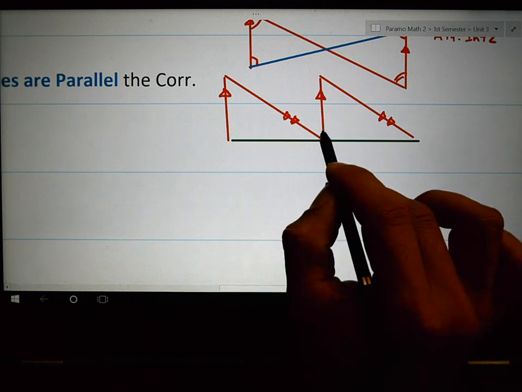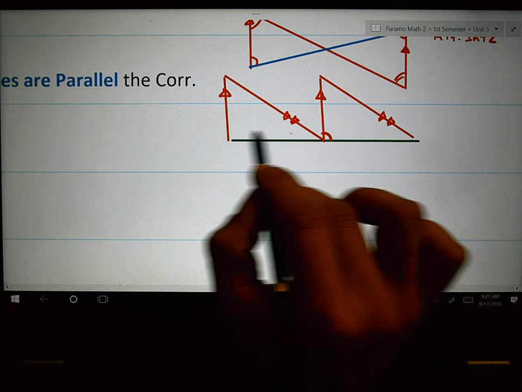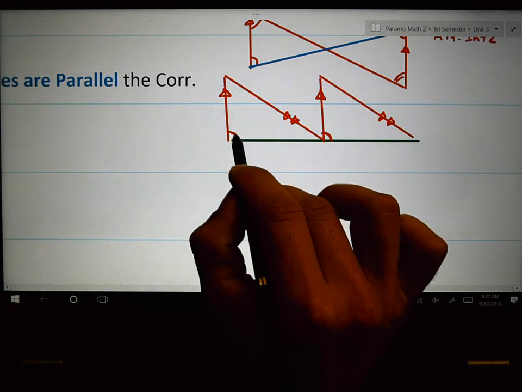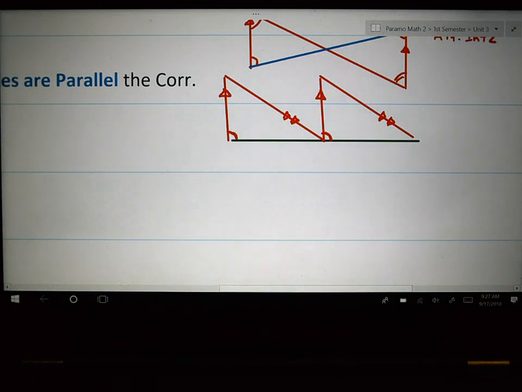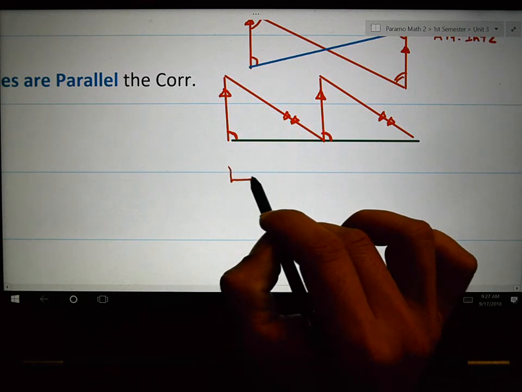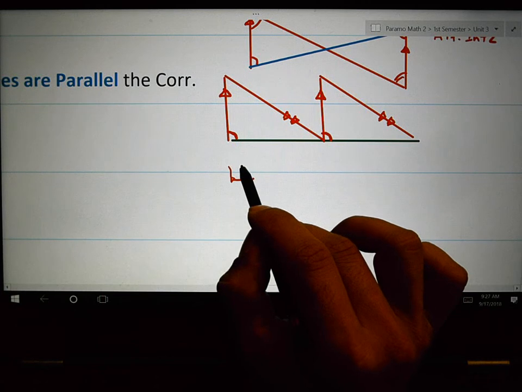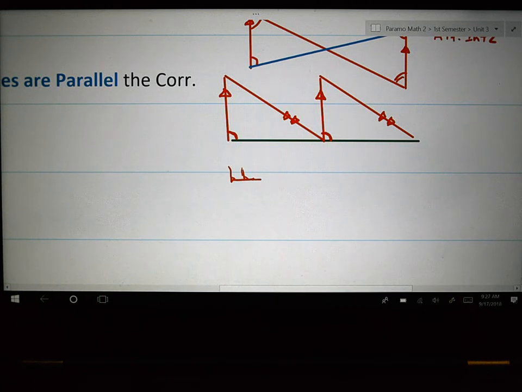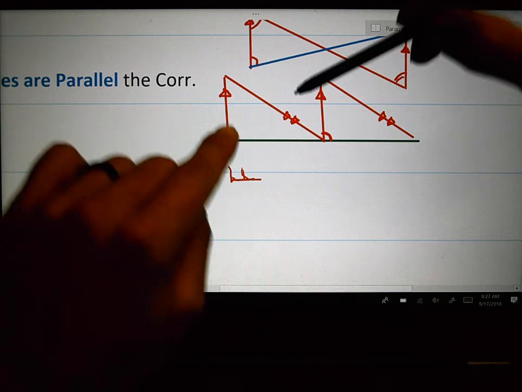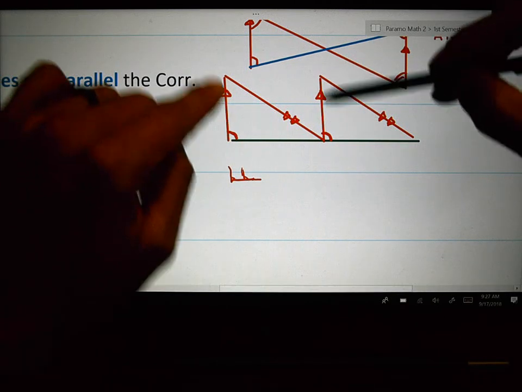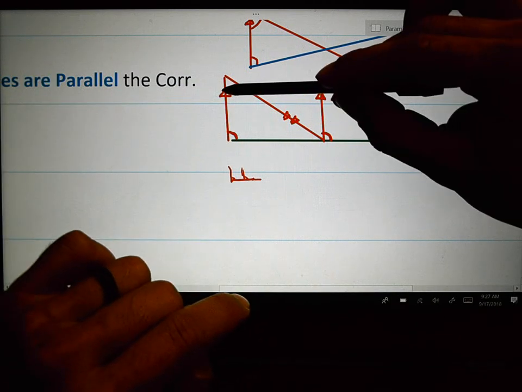They are the ones on the inside of the F. This single arc would be congruent to this single arc. Those are corresponding angles. When I say the F, I'm looking for these angles as a part of that F. And that is only for these two parallel lines. The single is parallel to the other single.